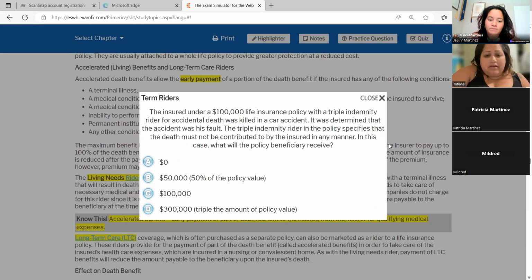I think the triple because Ellie says just 100. So what do you think? I think it's the triple because it says the death must not be contributed to by the insured.